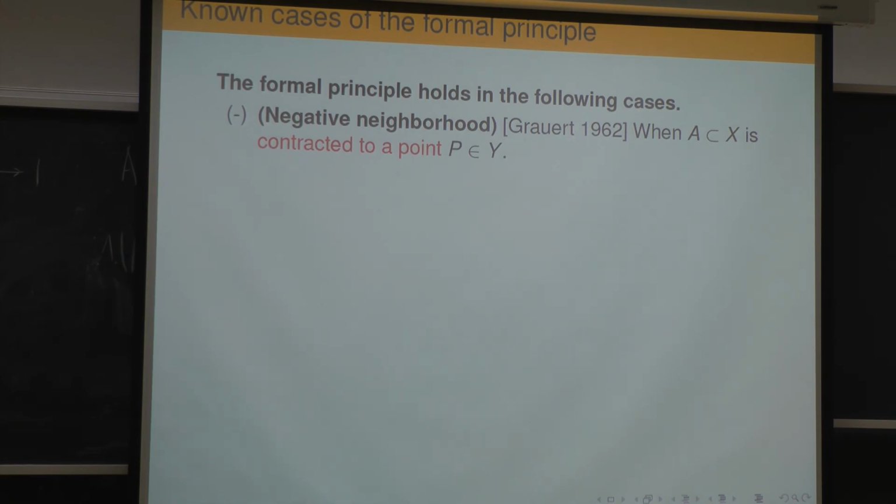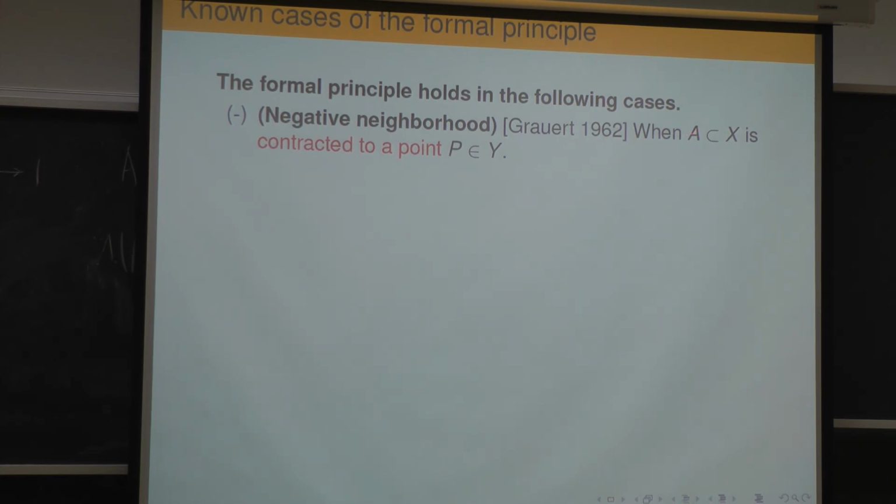In constructing the contraction, Grauert first proved the formal existence of the contraction, and then realized that one has to worry about how to show it is convergent. So that's the origin of the problem, sort of.